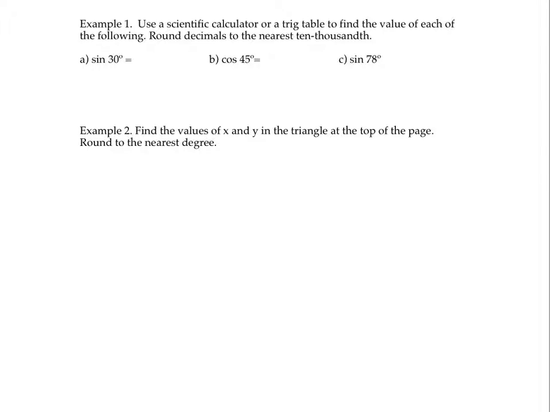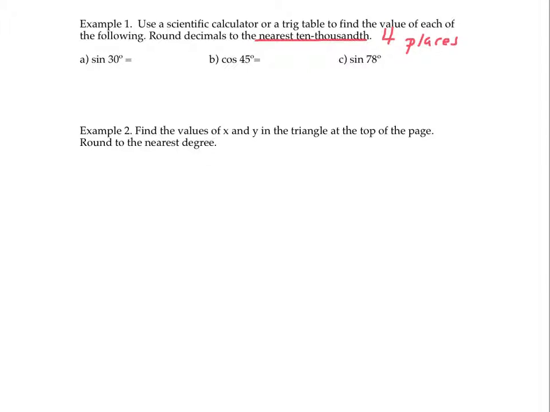Okay, we're going to start with a little bit of practice from your calculator. Go to your calculator and make sure you're in degree mode, or you can use the trig table for this too, but most likely you'll be using a calculator. You want to do sine of 30 degrees. So press the sine key, type in 30 degrees, and we're going to round our decimals to the nearest ten-thousandth. So remember that that's 4 decimal places.